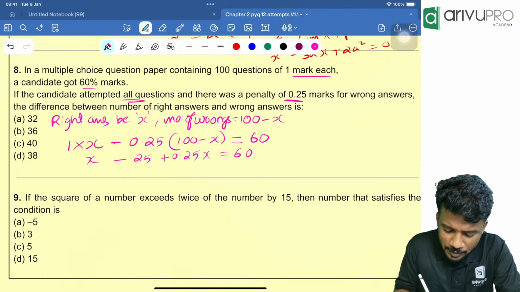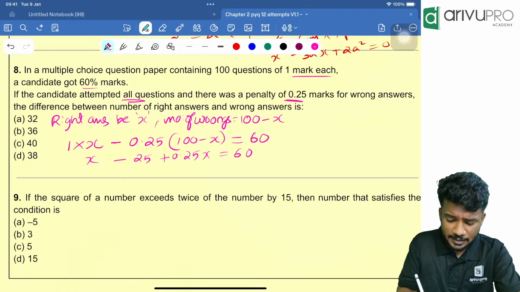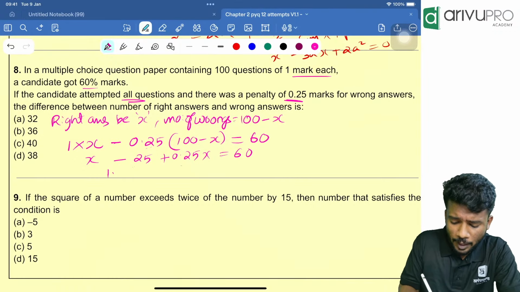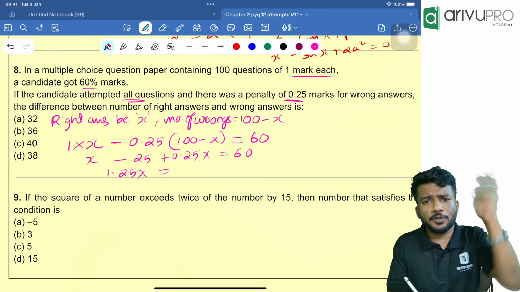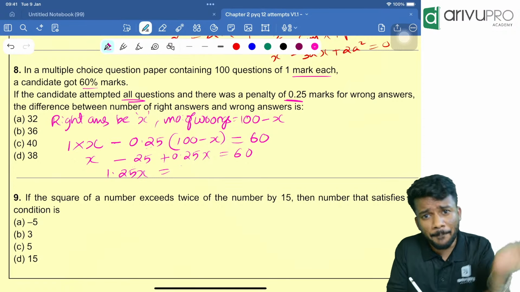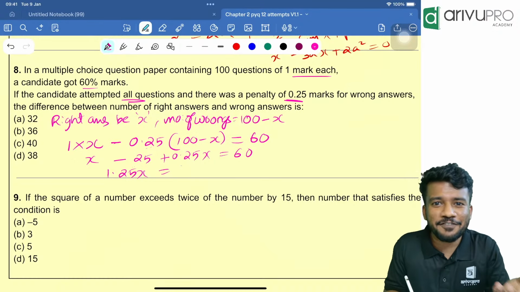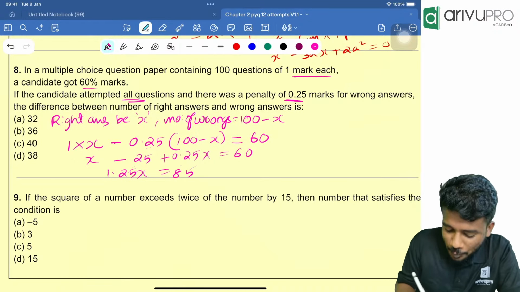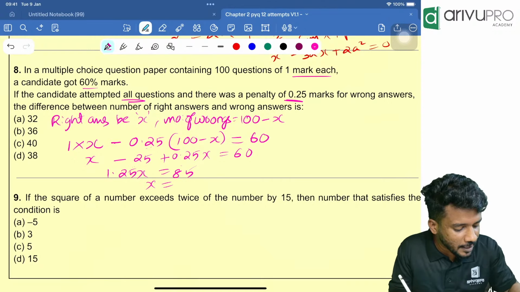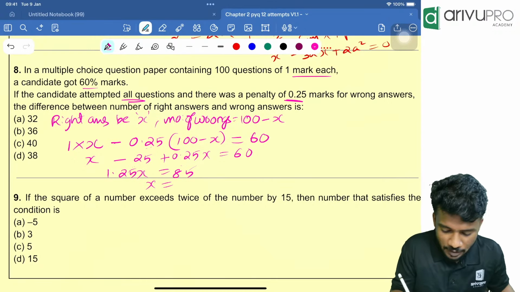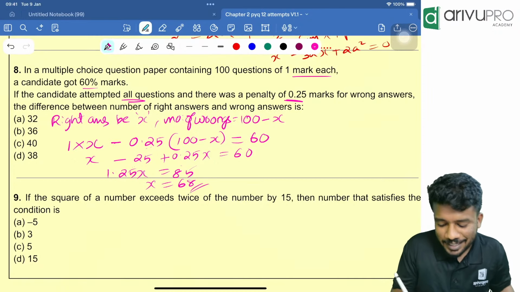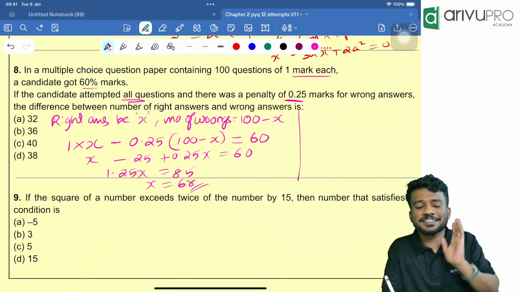Now take minus 25 to the other side, and x and this will get added. That will be 1.25x, which is equal to 60 plus 25, which is 85. So x is equal to 85 divided by 1.25, which is equal to 68. Everyone got the x value, which is 68.